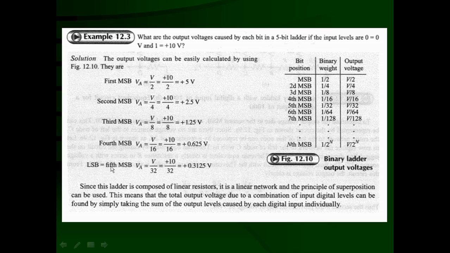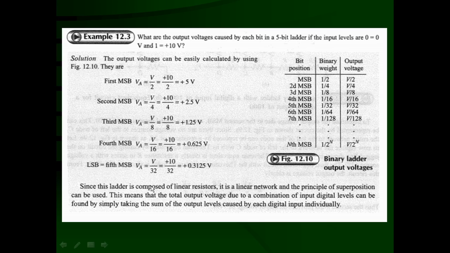And the fifth MSB or LSB will contribute VA equal to V upon 32, that is plus 10 upon 32, equal to plus 0.3125 volt. So this way, because it is a 5-bit system, we have calculated up to 1 upon 2 raised to 5. It can be increased or decreased depending upon the number of bits.